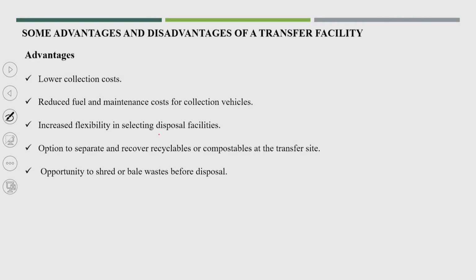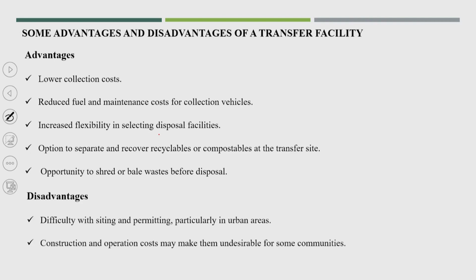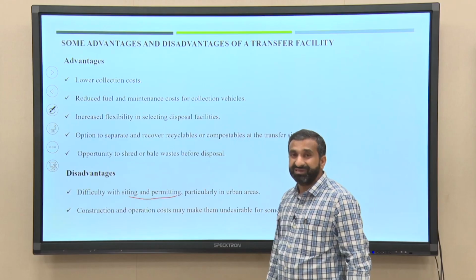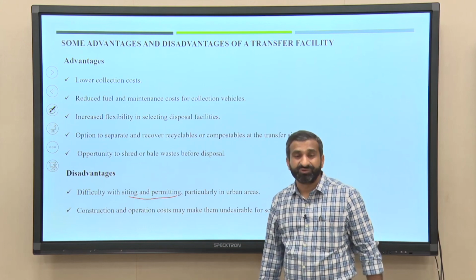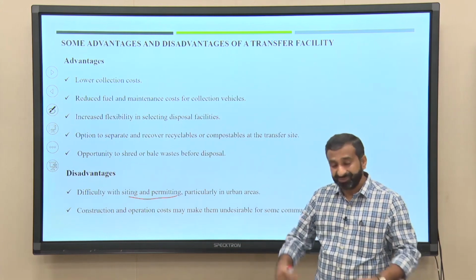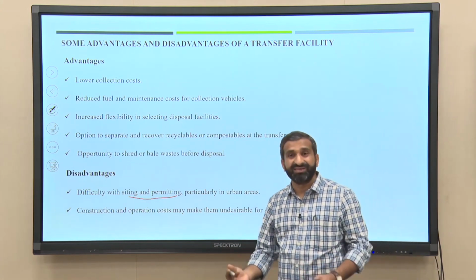These are a few advantages, and now the disadvantages, like difficulty with siting and permitting, particularly in an urban city. This is one of the important issues which I am going to discuss in the next class. Location, because every time I am saying that it should be very close to the recycling facility, very close to the residential area.